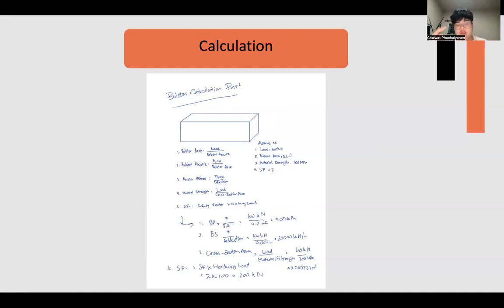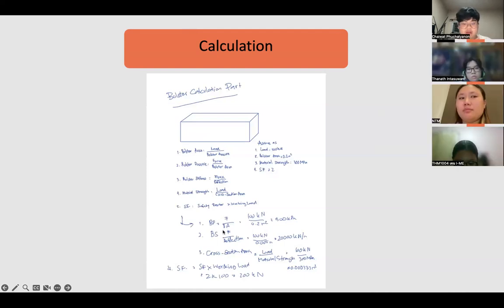The bolster pressure is 500 kilopascal, the bolster stiffness is 20,000 kilonewton per meter, the cross-section area of the load and material strength is 0.0003 square meter, and the safety factor of the working load is 200 kilonewton.